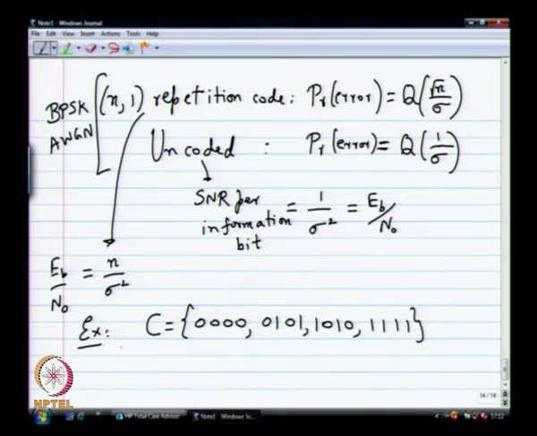Okay, so this is a 4,2 code. So, if you do BPSK AWGN and if I give you an R, which is some R1, R2, R3, R4, it's immediately a little bit more complicated. It's not as easy as the repetition code, right.